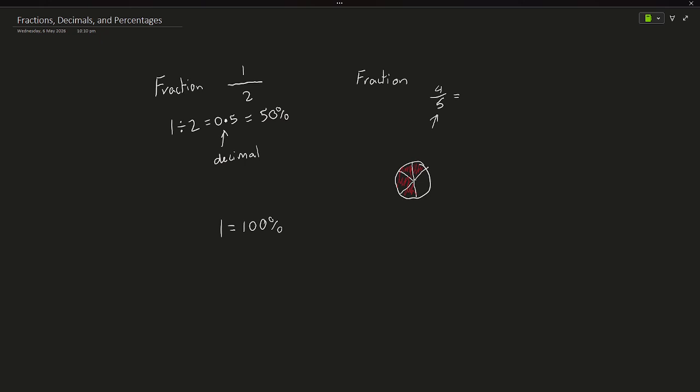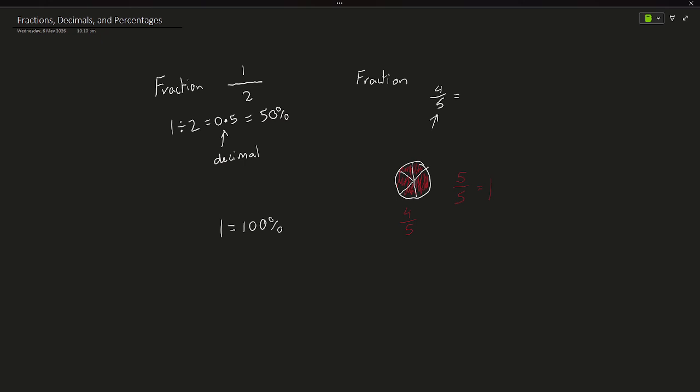So that means this is 4/5. So if you imagine this as a pizza, and if we complete the pizza, then it'll equal 5/5 or 1, because it's a whole. It's a whole number because we covered the whole pizza.